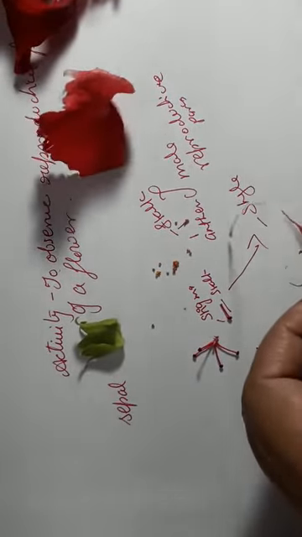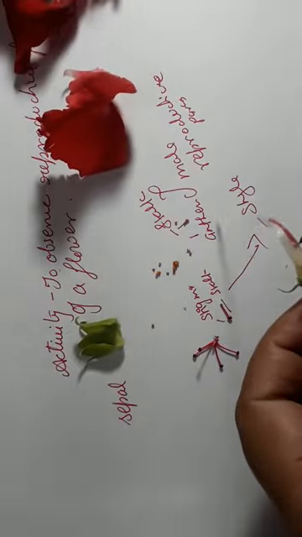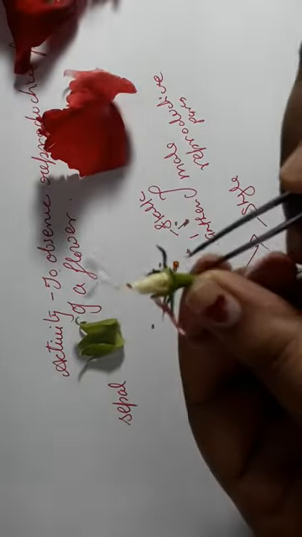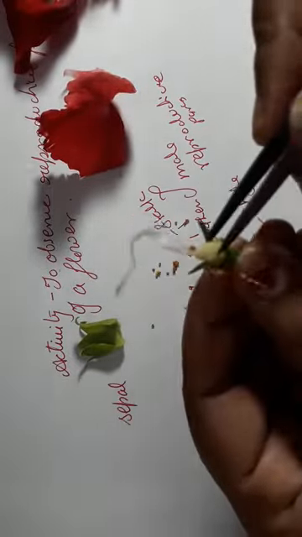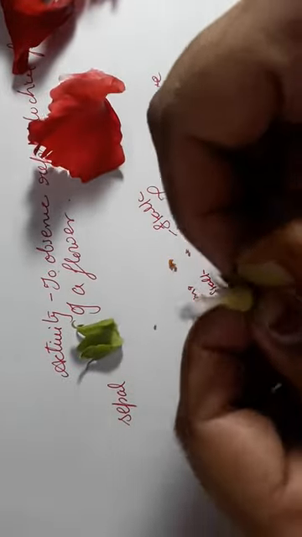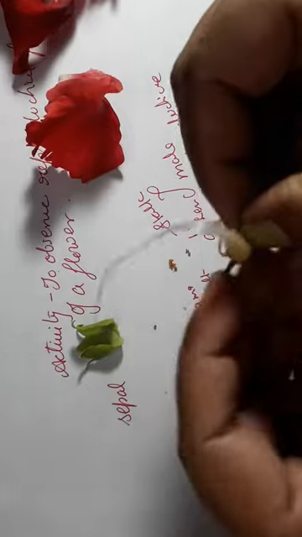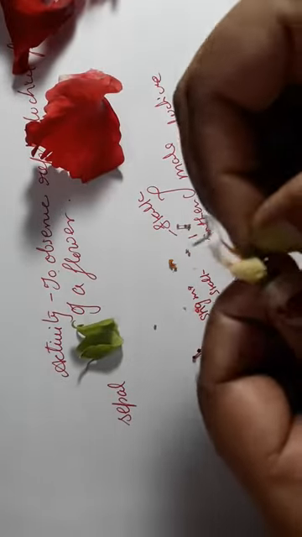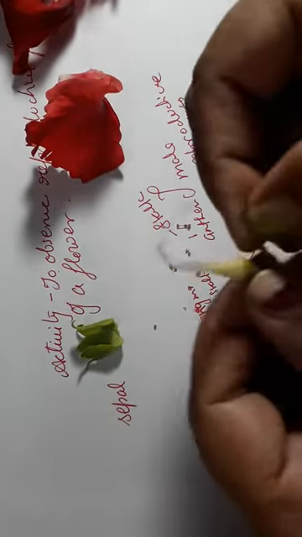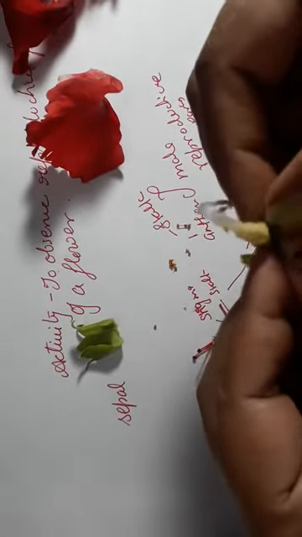Now I'm going to break this from here and remove this swollen part which you are observing. This swollen part is the thalamus, and now I'm going to take out my ovary from here. Let us take out the ovary, because now we have to watch the ovule where fertilization is going to happen.